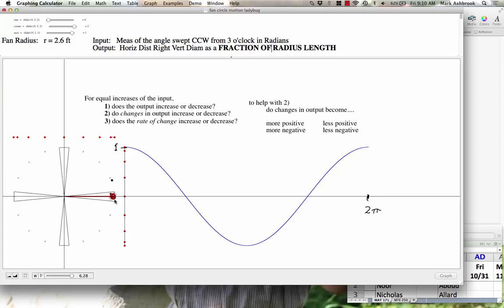Okay, at pi over 2, what's our horizontal distance? 0. When we get to an angle swept of pi, and that's there. All right, so this is -1.